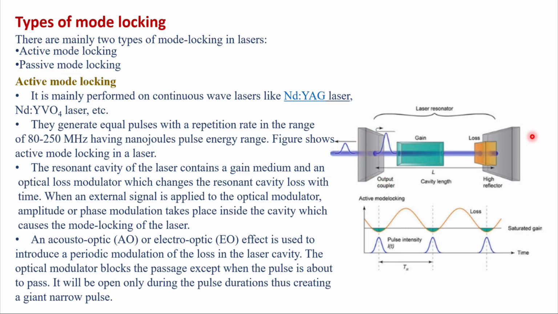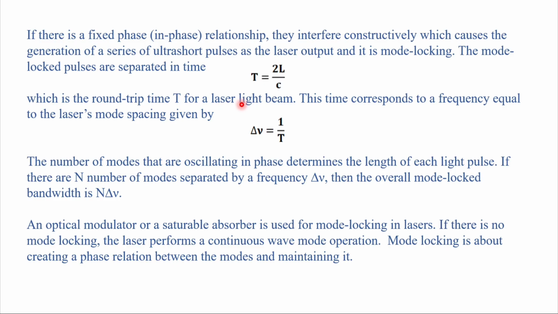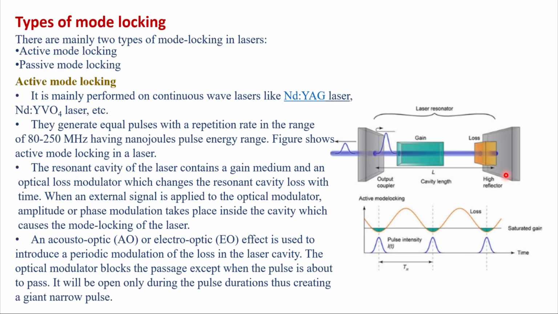This is one mirror and this is the other mirror. These two mirrors determine the round trip time TR of the light in the cavity, which we discussed earlier: TR is equal to 2L by C. This 2L is the length between two mirrors; in a round trip, one L is the forward path and the return is another L. That's why it is 2L, and that determines the round trip time of the light in the cavity.